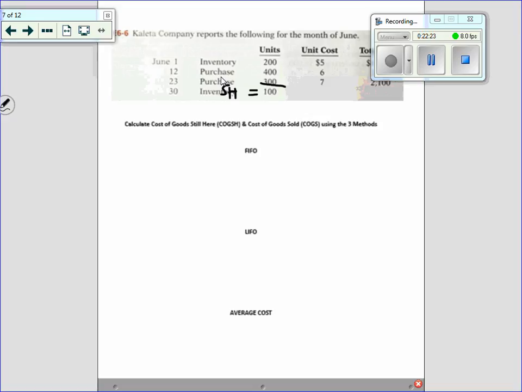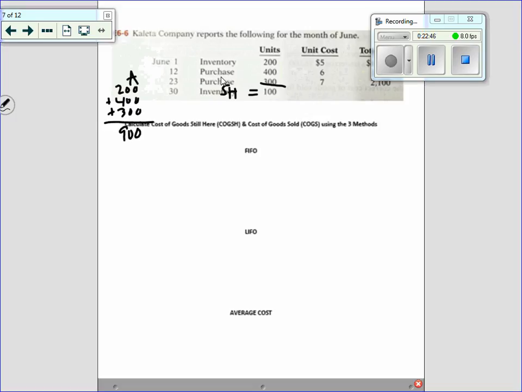We bought another 400 more, and then we bought another 300 more. What's our total available? Step 1 of our cheat sheet, 900. The traditional way would be 200 plus 400 plus 300. We had 900 available.